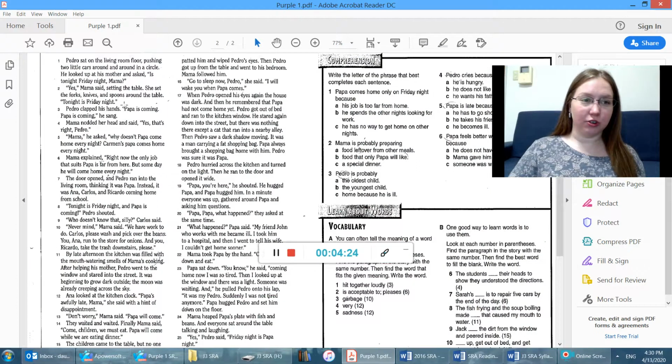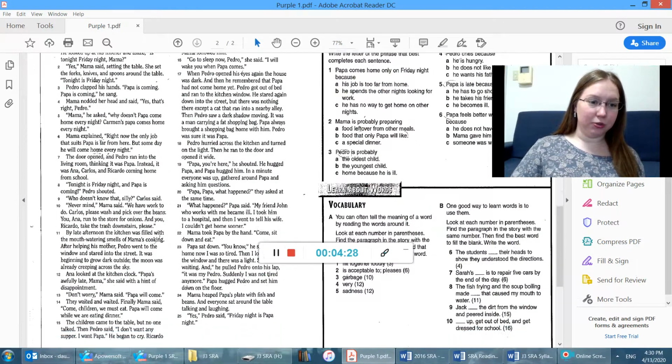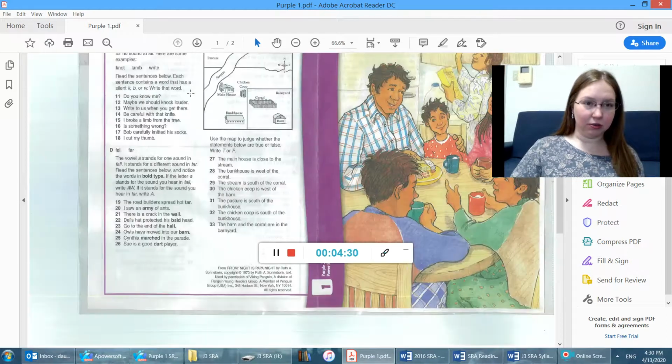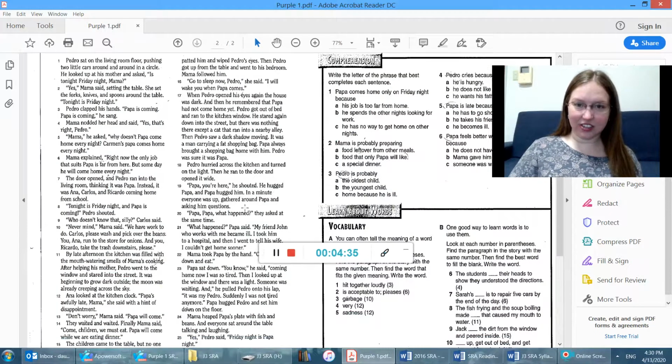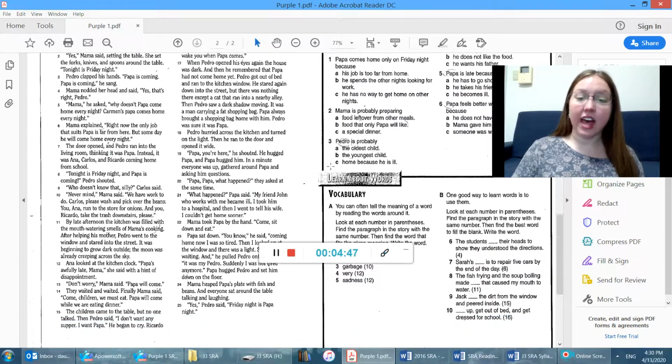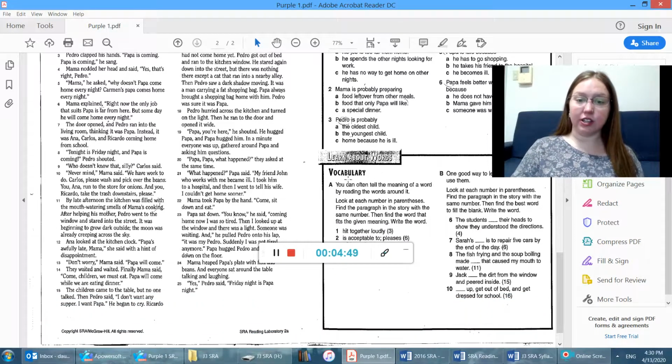When you read the story, here is the story itself. You will read it. Ooh, I read so fast. And then you will answer these questions here. First, you will answer these comprehension questions. There are 6 of those questions. Then you will answer the vocabulary questions.